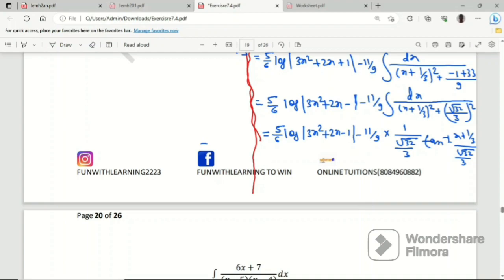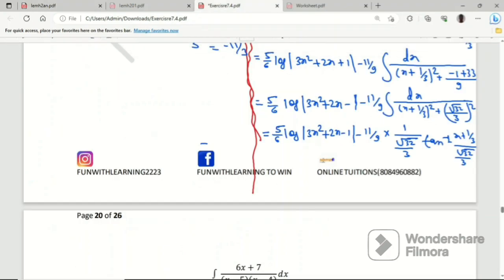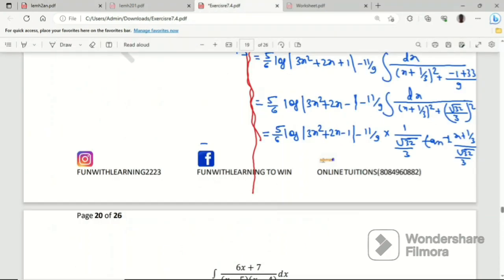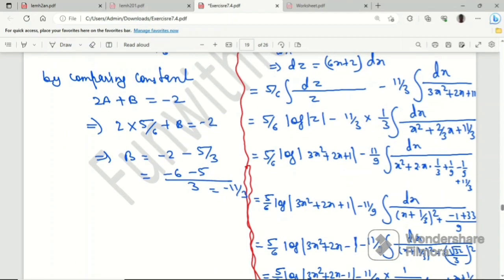So minus 11 upon 3 into under root 32 it should have. Minus 11 upon 3, it is good, but it is root 2. 3x plus 1 upon root 2, the answer is there. At the place of under root 32, in the answer root 2 is there. So I think we have made some error.